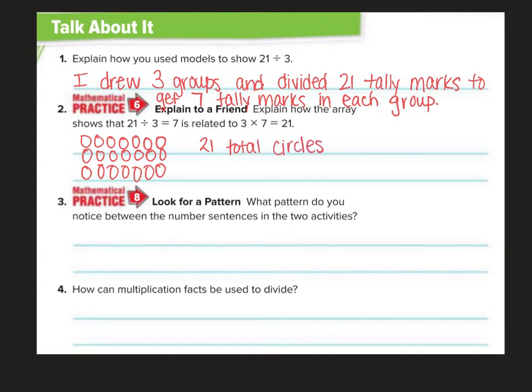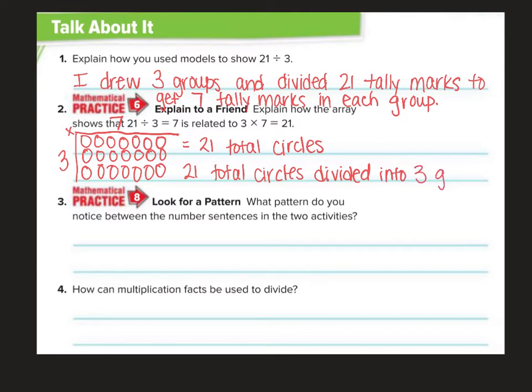I could do 3 times 7 equals 21 total circles, or I could say 21 total circles divided into 3 rows. Let's do rows because we've got rows here. Is 7 in each row.